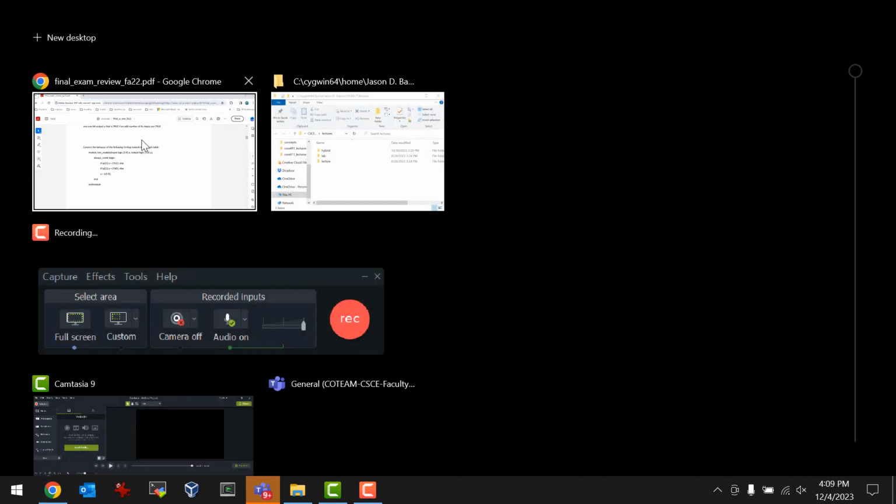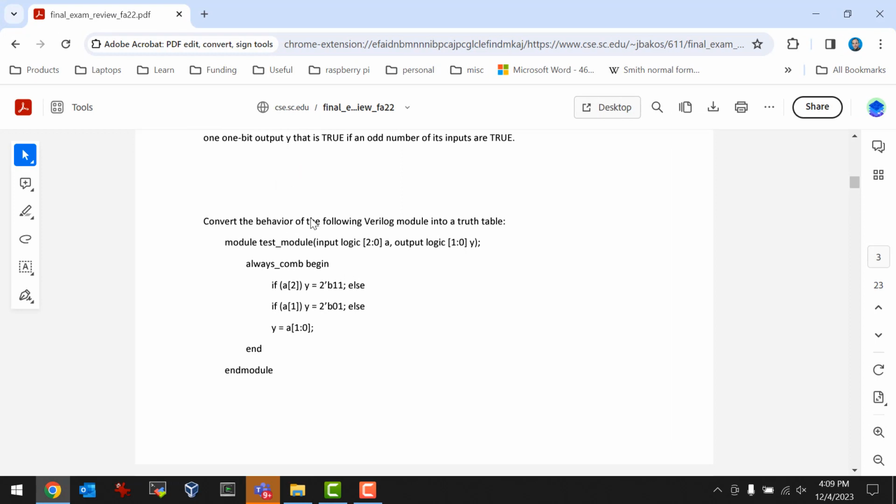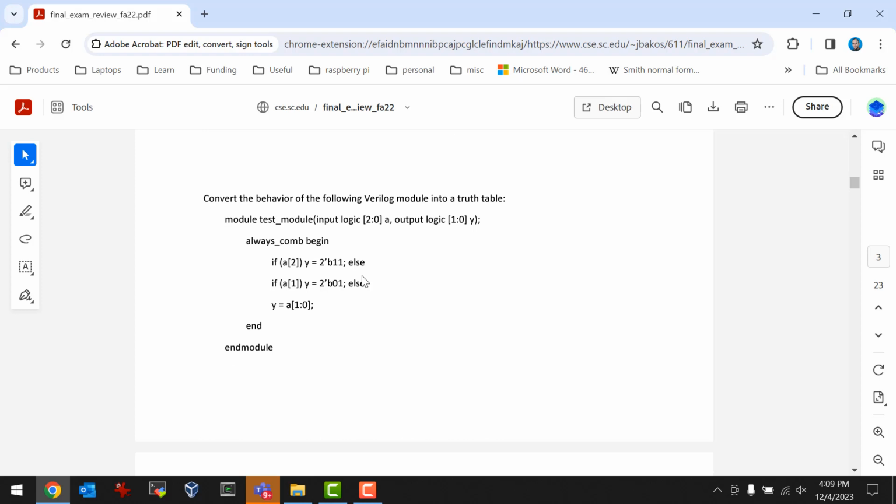Convert the behavior of the following Verilog module into a truth table. So to make a truth table, you have to look at every possible value of the input A. And A is 3 bits, so there's 2 to the 3rd power, 8 possible inputs, right? So A can be basically 0 through 7.